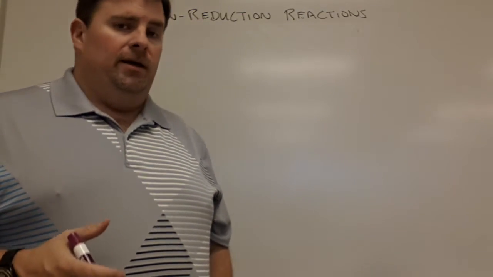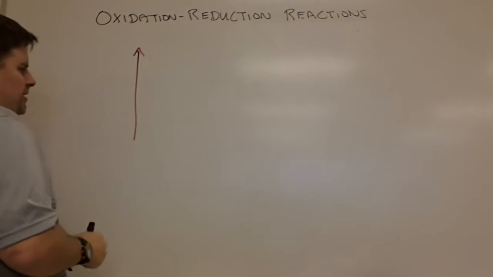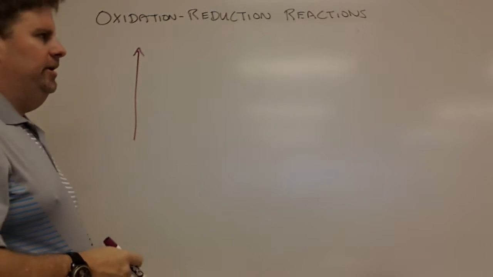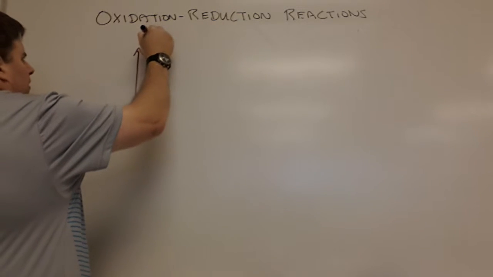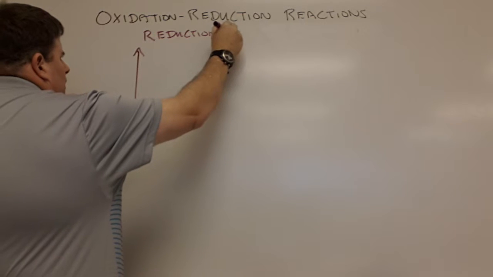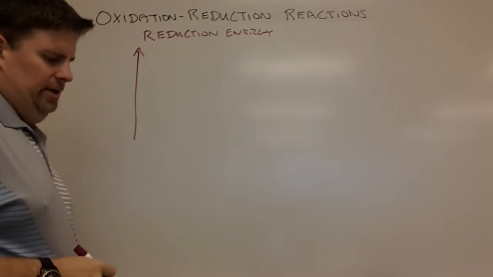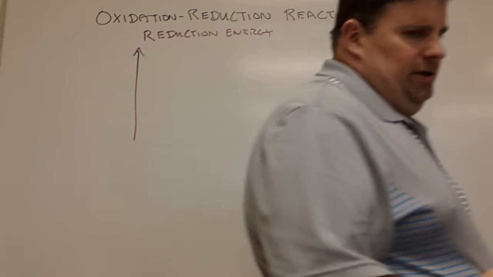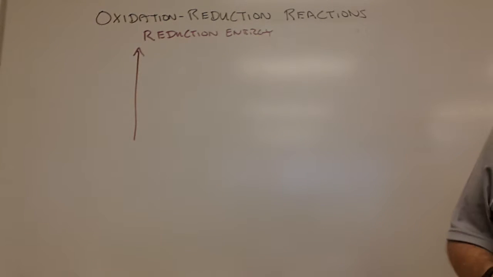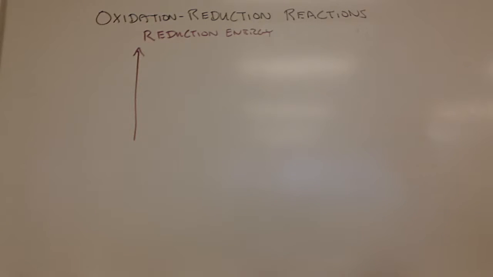All right? And the activity series is a series that deals with the reduction energy. The higher we go in the chart, the higher the reduction energy that's going to be there. And that means the ease of oxidation, how easily each of these oxidizes.